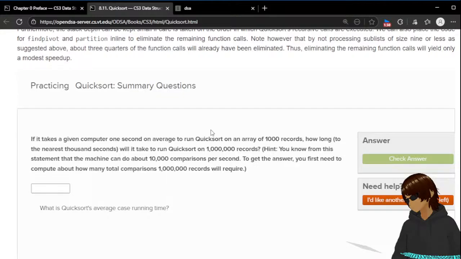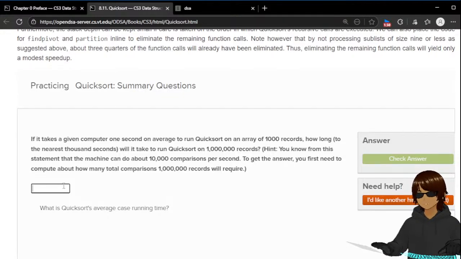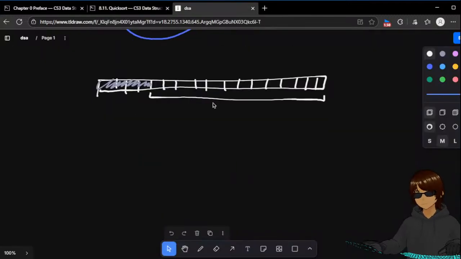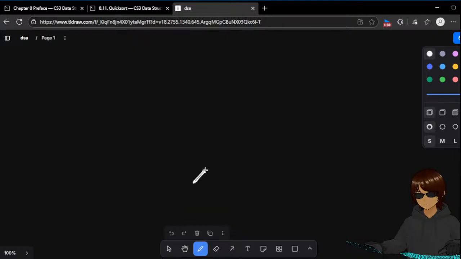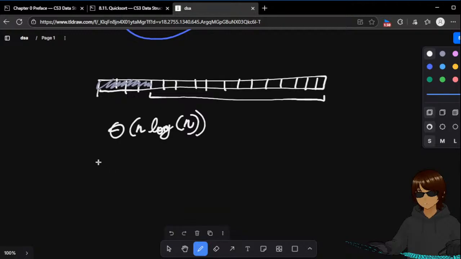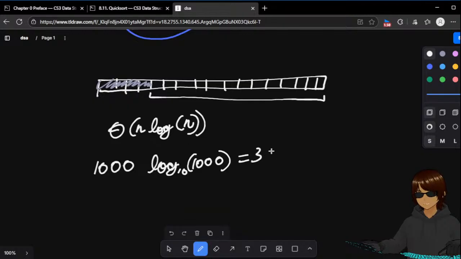Okay, so the cost is n log n. I inputted 1000, log base 10, which is 3, so I got 3000.